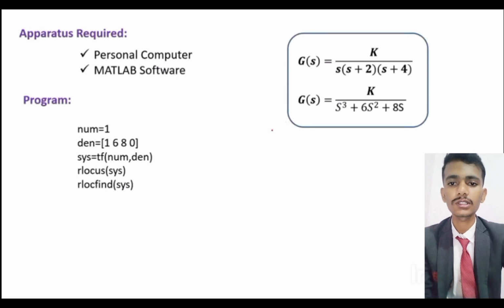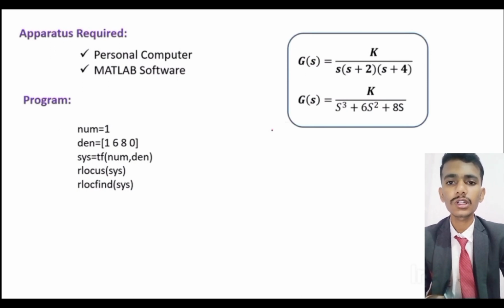After that, there is the apparatus required for this system. The apparatus required for these systems are a personal computer and MATLAB software, and after that there is the program. In that, the numerator is 1 and the denominator is 1 6 8 0. The transfer function is G of s equals K upon s cube plus 6s square plus 8s.